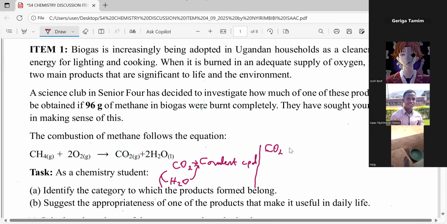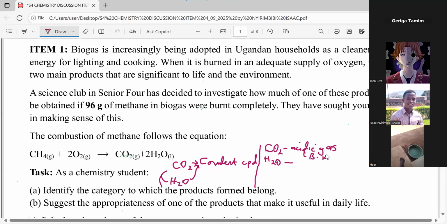You're saying it is an acidic gas. Why? The gas turns blue litmus paper red. Okay, because it turns blue litmus paper to red. Okay. What about water? Water. Let me think about it.